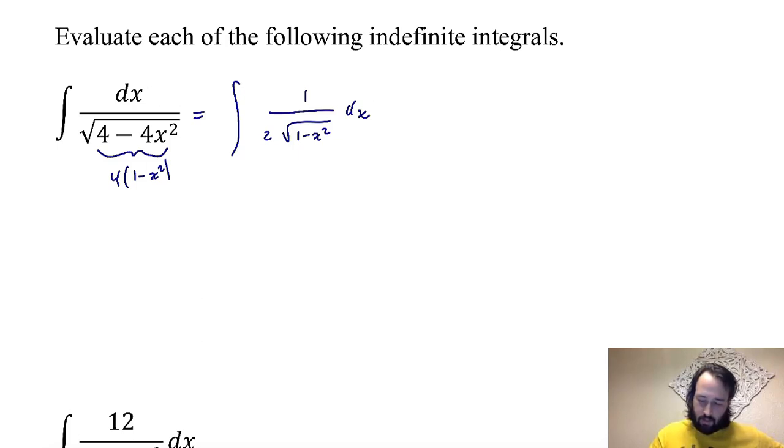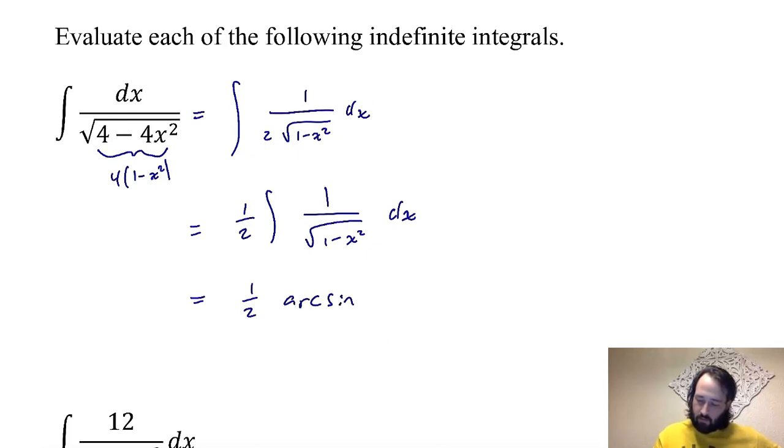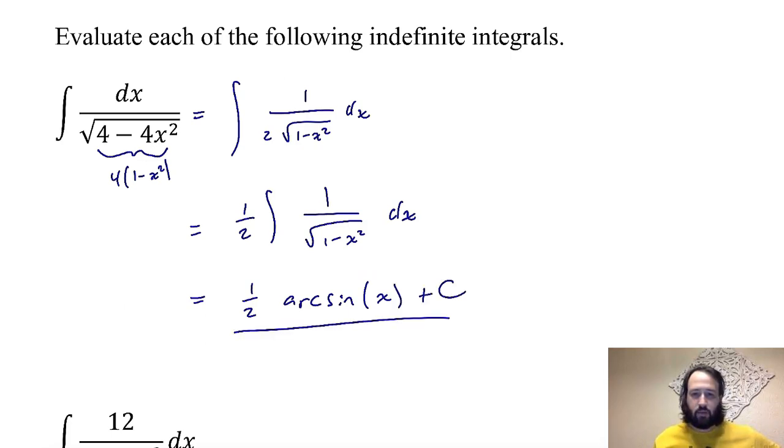Don't forget the dx, please. Pay attention to the notation on all this stuff. It's really tedious, but it needs to be done. So I can factor out that 1/2. Then I have the integral of 1 minus x squared dx, and then there is my arcsine. So 1/2 arcsine of x over 1, so just x, plus c. Don't forget that plus c there as well.